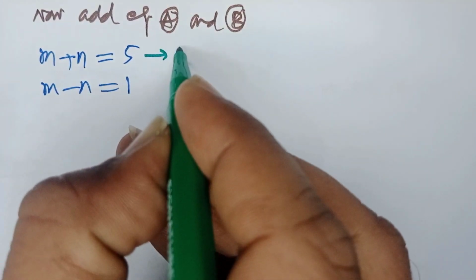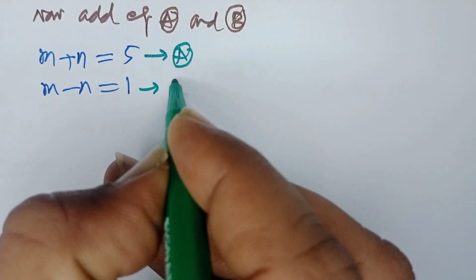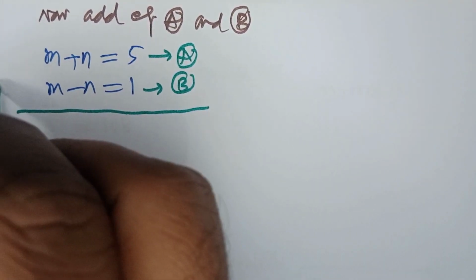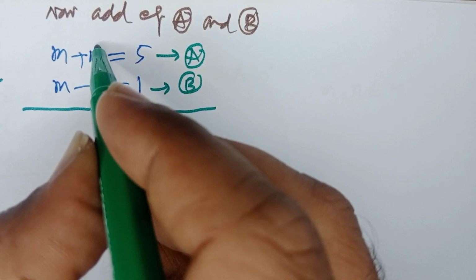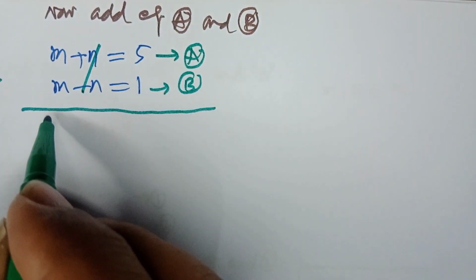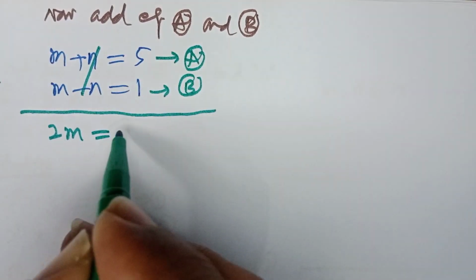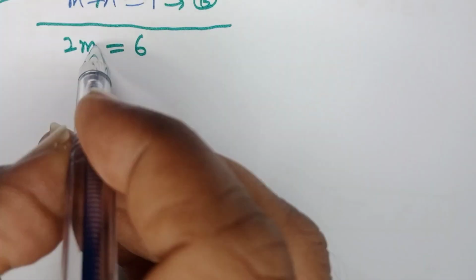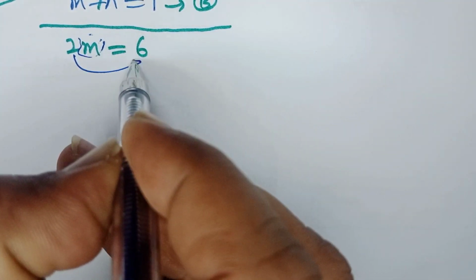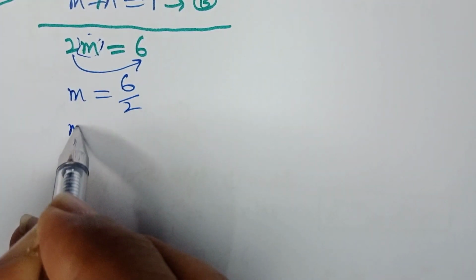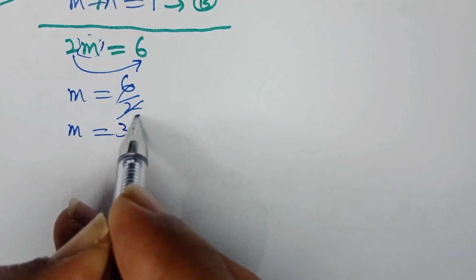This is equation A. This is equation B. Now add: plus n minus n cancel. So m plus m, 2m is equal to 6. So finding the value of m, replace another side, m is equal to 6 by 2, then m is equal to 3.